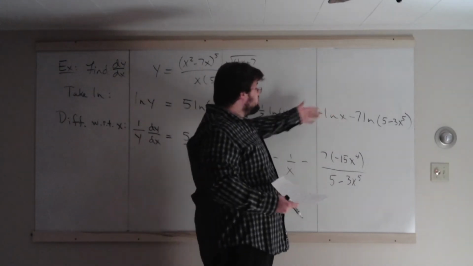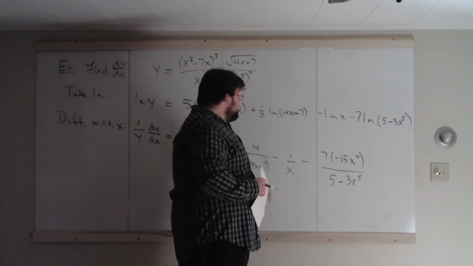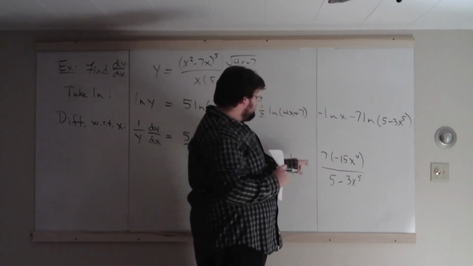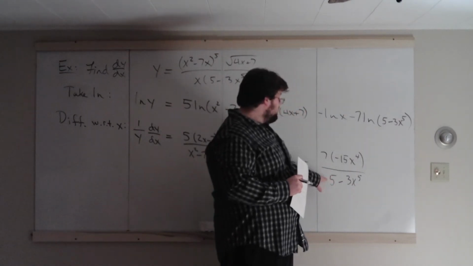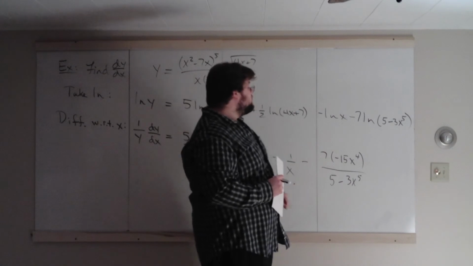Here we just have an x on the inside, so the derivative there is 1 over x. There's a negative sign, that carries through. And here we have a negative 7, so the negative and the 7 carry through, times 1 over the inside, times derivative of the inside, negative 15x to the 4.